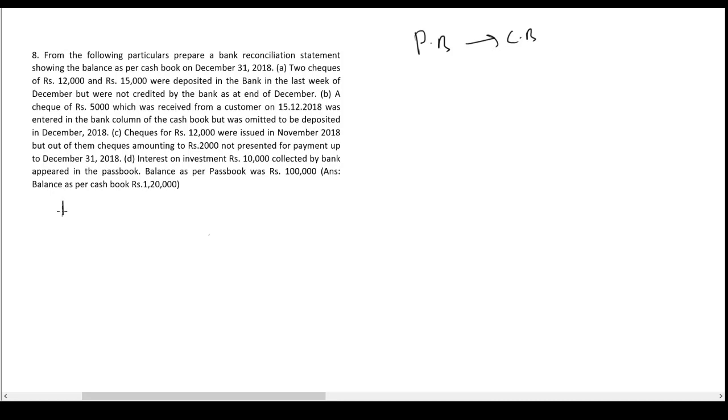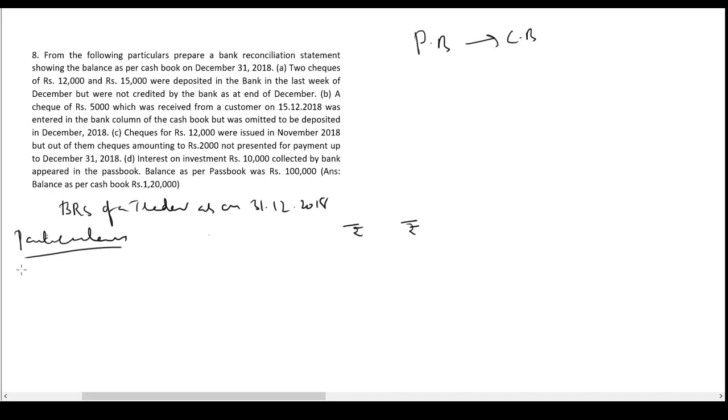I'll simply write bank reconciliation statement of a trader as on 31st December 2018. Particulars, rupees.